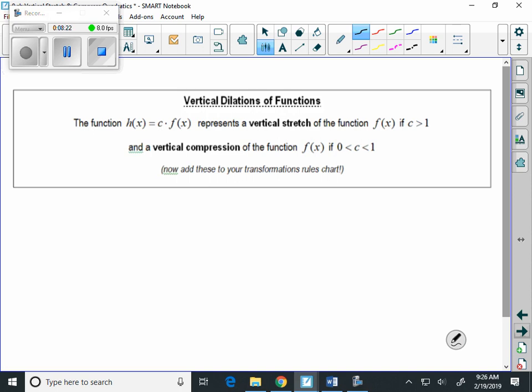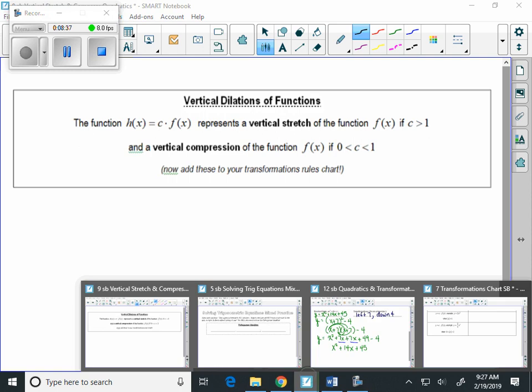And when the number out in front is between 0 and 1, so it's a fraction, then it's going to be a vertical compression. And let's go to our transformations chart, and let's fill in those last two pieces on this chart.